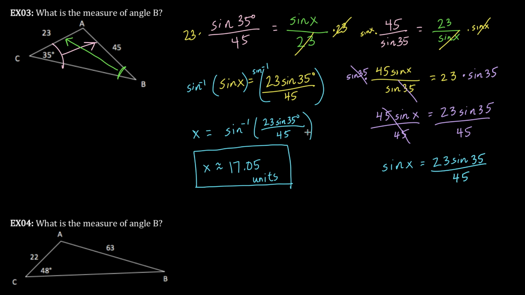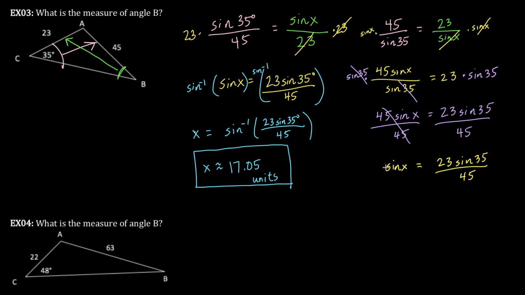Now remember, this is basically this step right here. Actually, I'm going to write that in so you can see it a little better. I end up with sine of x equals 23 sine of 35 over 45. And so that's the same step right here.